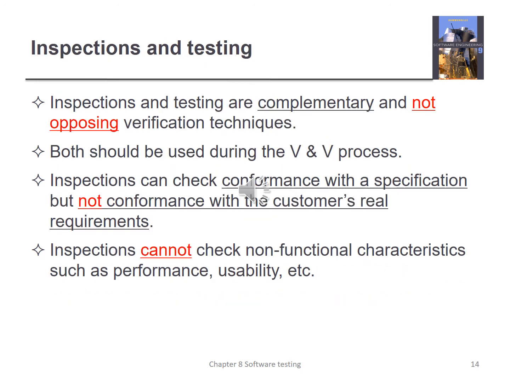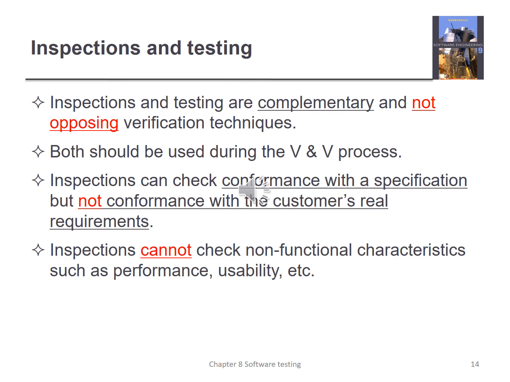Inspection and testing are complementary, not opposing each other. Inspection helps a lot in testing. Both should be used during the V&V process. Inspection can check conformance with the specification, but not conformance with the customer's real requirements.